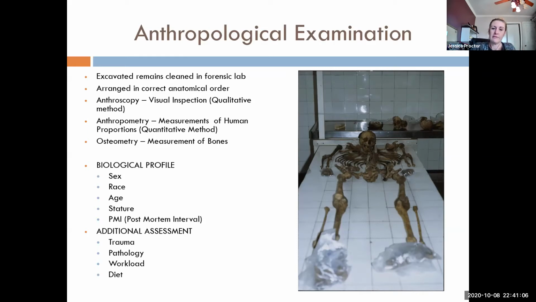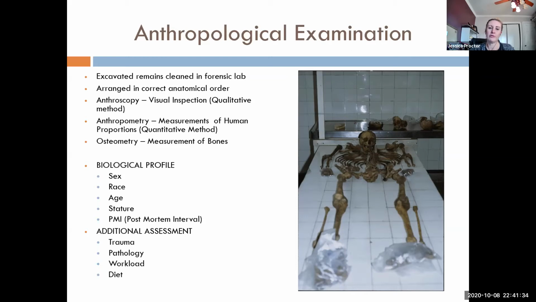So once they've been cleaned, then they're arranged in anatomical order, which it totally bums me out we can't be in the lab room, because I actually have you guys organize the disarticulated skeletons in anatomical order just like this, which is really fun to do. It's putting all the pieces together. So I'm bummed out that we can't do this semester, but you're putting a disarticulated skeleton together in anatomically correct position.